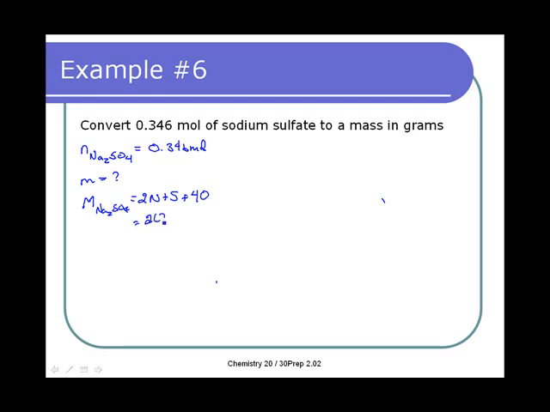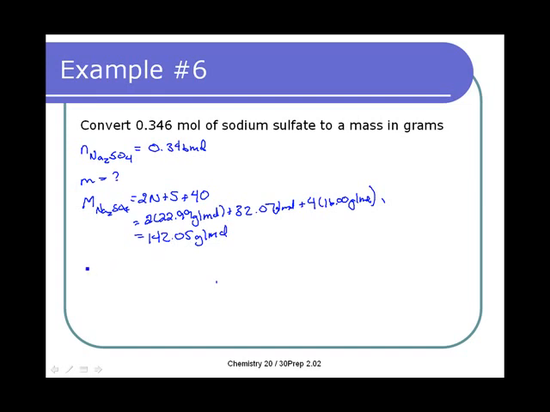And so we get 2 times 22.99 plus 32.07 plus 4 times 16.00, and when we run it through we get 142.05 grams per mole.